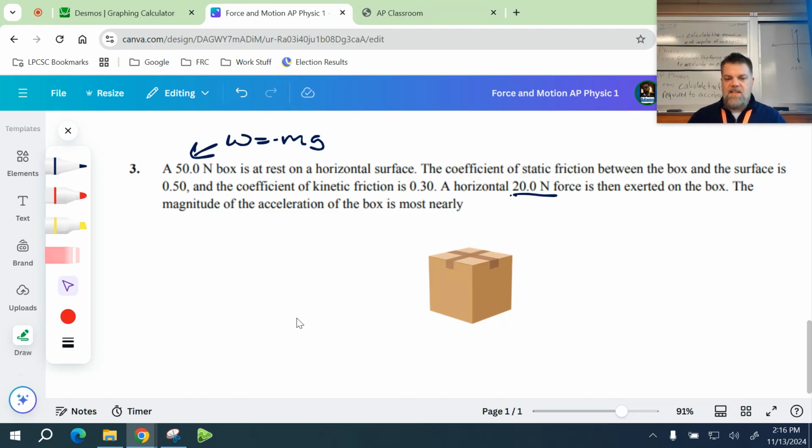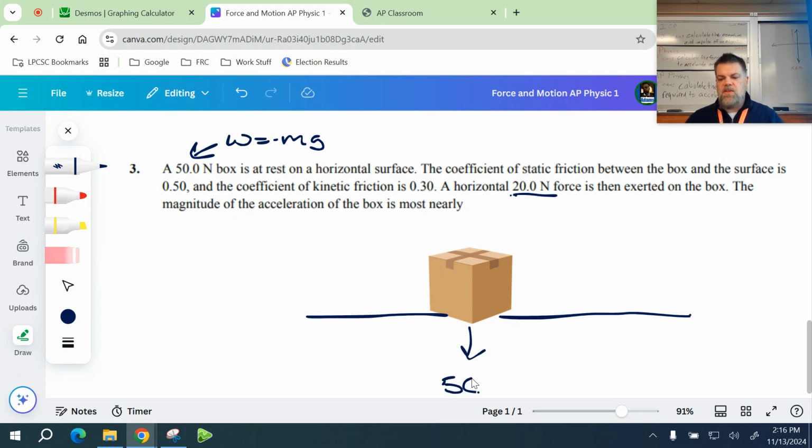So I got my box, right? It doesn't give us any angles or anything like that, so we're assuming that the box is on level ground. It says that the weight of it is 50 newtons, right? And it says that there is a force being exerted, and we'll make this positive and we'll make this negative. The force is 20 newtons.